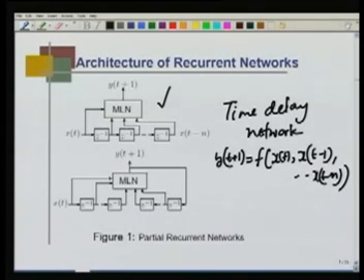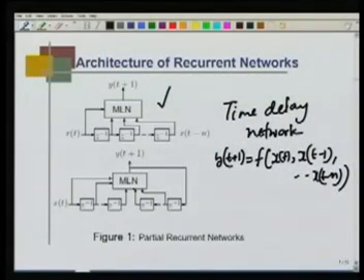So, with this kind of structure, why do we say partial recurrent? Because the main body of the network resembles a multi-layer, feedforward network. This kind of network has been used in many areas, particularly in system identification and time series prediction.